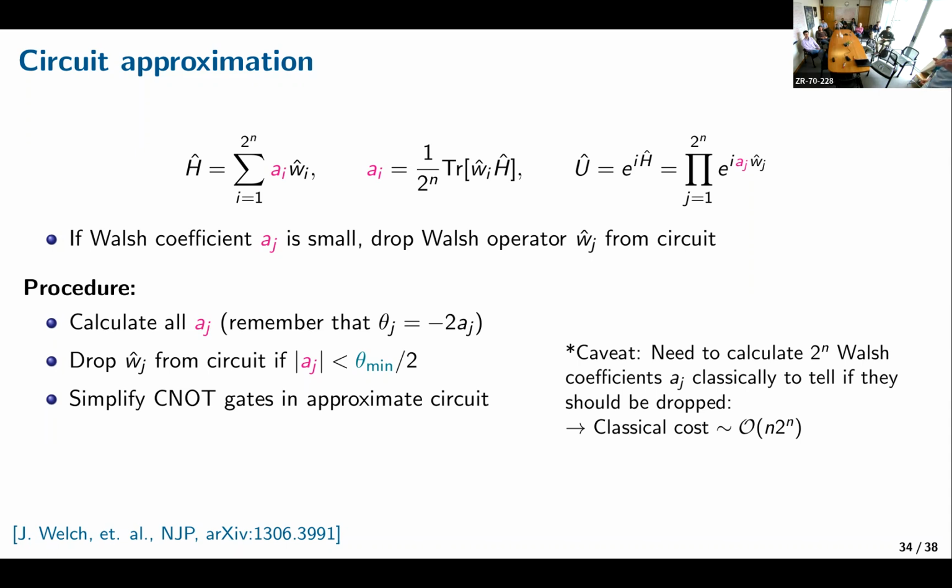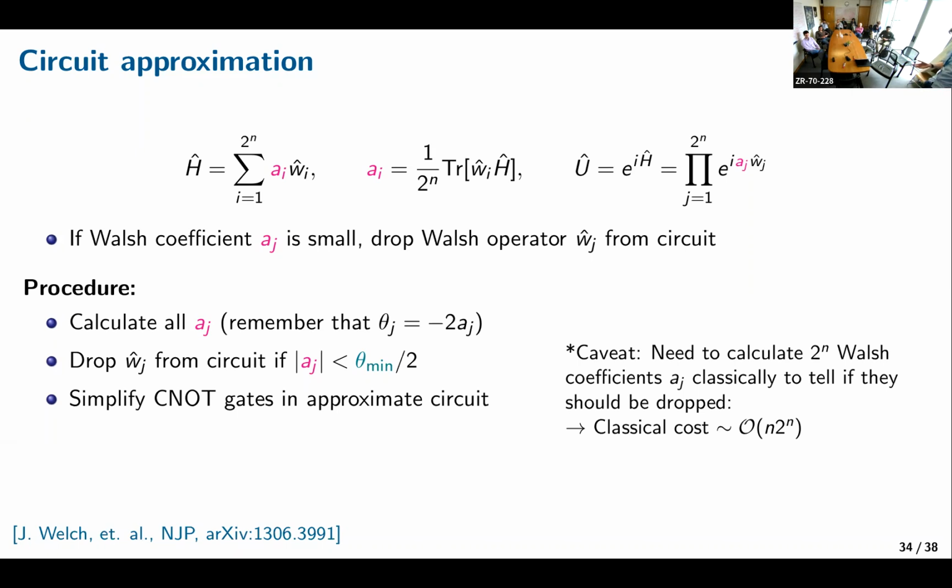So this Hamiltonian is expanded in terms of Walsh functions, and each Walsh function has a weight, these Walsh coefficients. If this coefficient is small, then it doesn't contribute all that much to the Hamiltonian, and so you can drop it, introducing some controlled error. You can then build an approximate circuit by dropping Walsh functions with small Walsh coefficients.